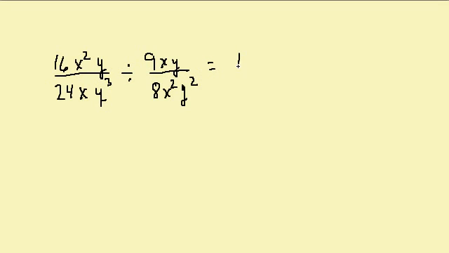So let's get started and change this problem to a multiplication problem. So this is 16x squared y over 24x y cubed, change the division to multiplication, times the reciprocal of this one, the 9xy over 8x squared y squared.